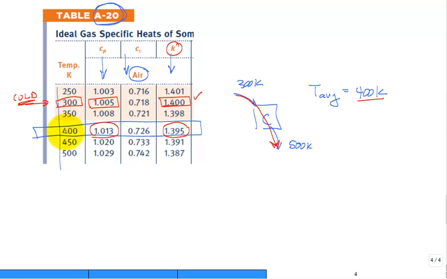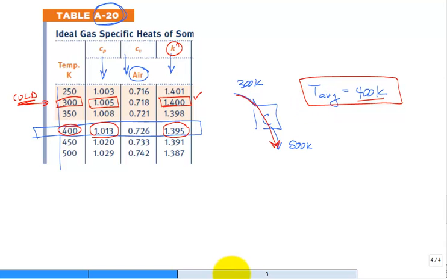The average temperature is a lot closer to 400. So it's pretty intuitive. If you're going to use a cold air standard calculation and you want constant specific heats, then get a good average temperature and evaluate your properties at that average temperature, and your answers will be very close.